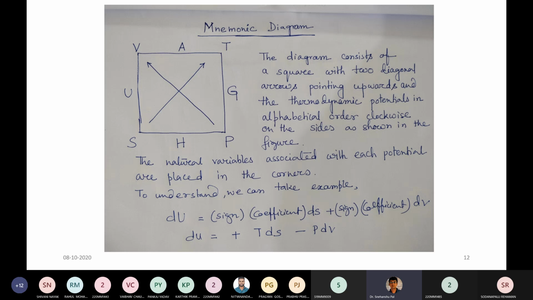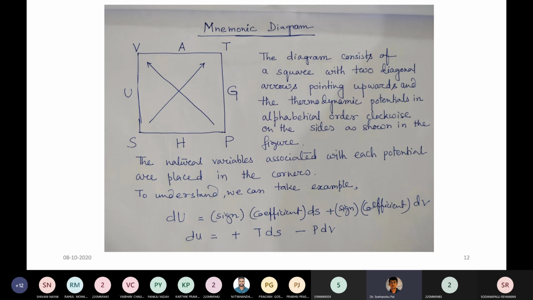The sign of the coefficient depends on whether the arrow is pointing toward or away from the natural variable. Suppose the arrow is pointed from P to V; then for V you have to take the sign negative. So if the arrow points toward the variable, the sign will be negative, and if the arrow points away from the natural variable, the sign will be positive.